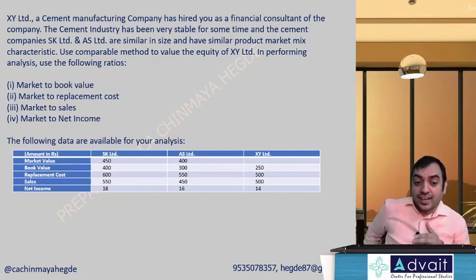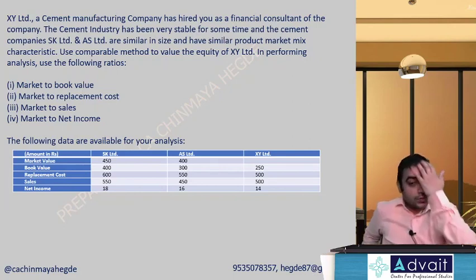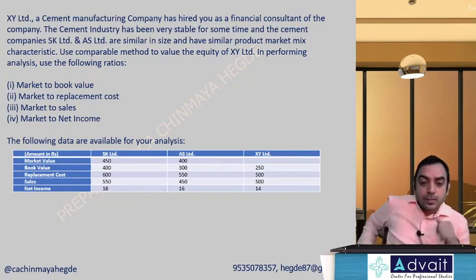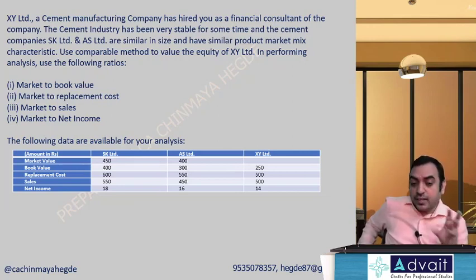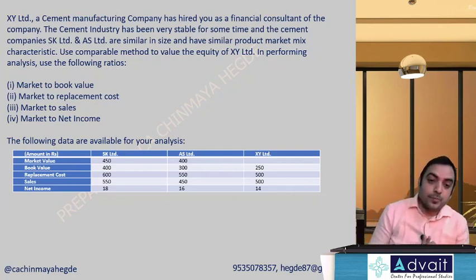In performing the analysis, use the following ratios: market to book value, market to replacement, market to sales, market to net income. The following data are available for your analysis: SK Limited, AS Limited, XY Limited. Market value, book value, replacement cost, sales, net income.